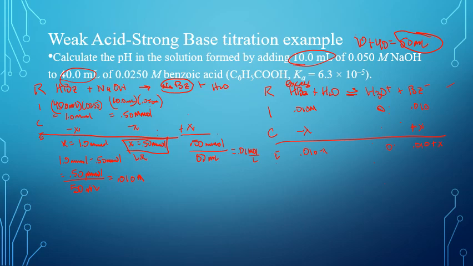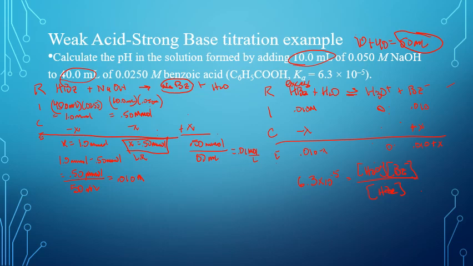And so at this point, the value for x is going to be really small, so I can set up my expression, the Ka, 6.3 times 10 to the minus fifth, that's equal to the H3O plus times the Bz minus over the HBz concentration.